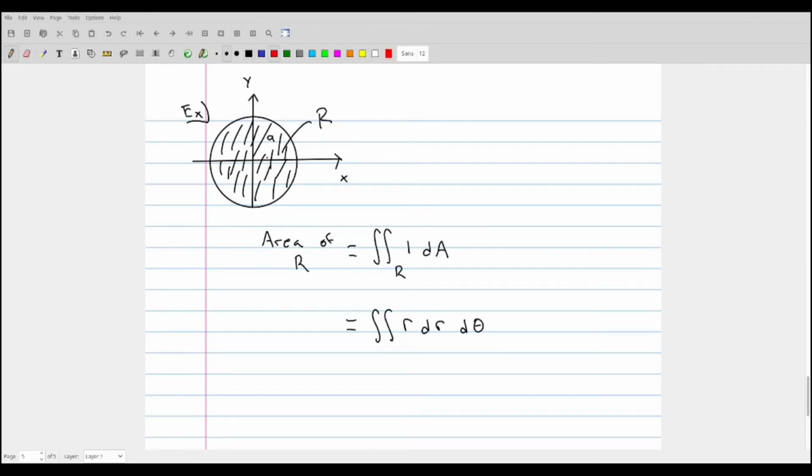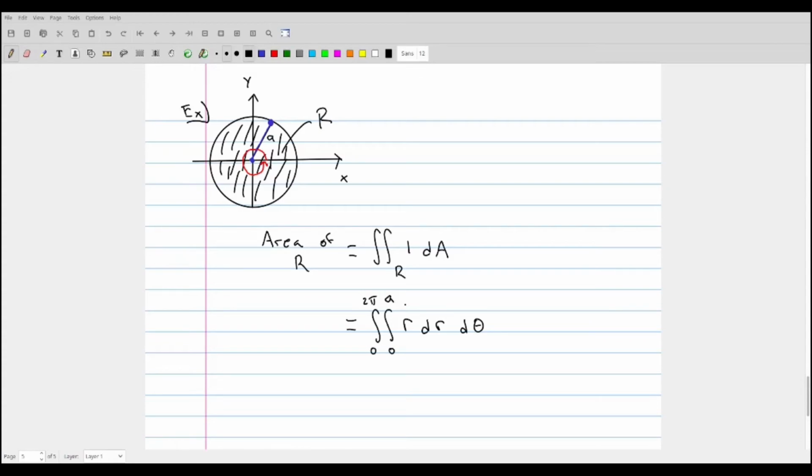Theta is the angle from the x-axis, so this is going from 0 to 2 pi. And r is going from 0, a lower bound, up to a for its upper bound.